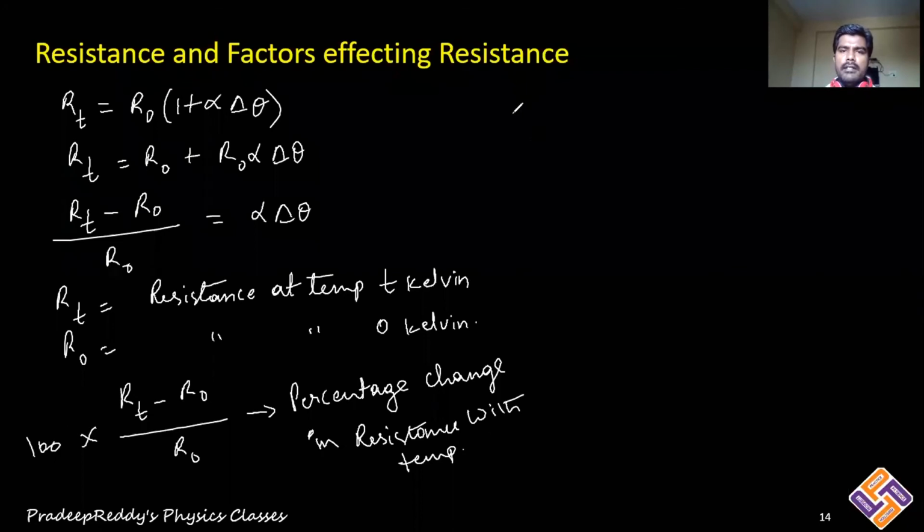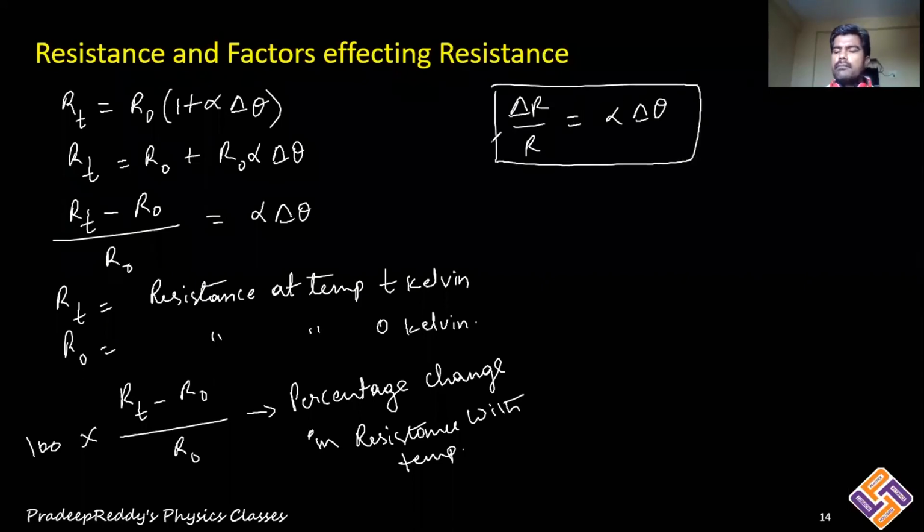Therefore, delta R by R is equal to alpha into delta theta. So when you are supposed to find out the percentage change in the resistance with respect to temperature, you can use this relation. This is similar to the change in length problems which we solve in class 11th in thermal expansion.